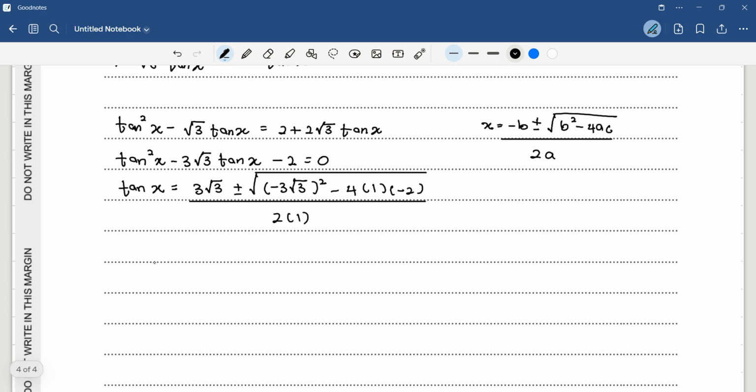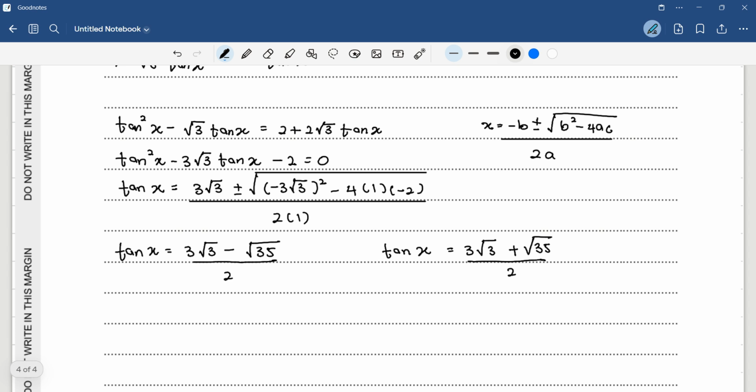Therefore your tan x could be either 3 sqrt 3 minus sqrt 35 over 2, as you should get when pressing this in your calculator, or tan x will be 3 sqrt 3 plus sqrt 35 over 2.